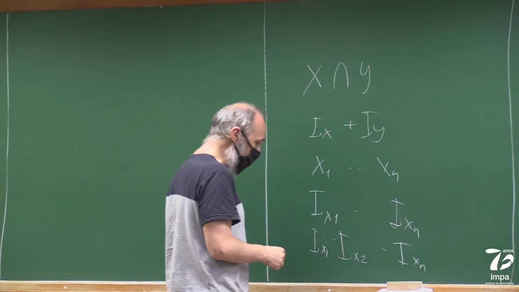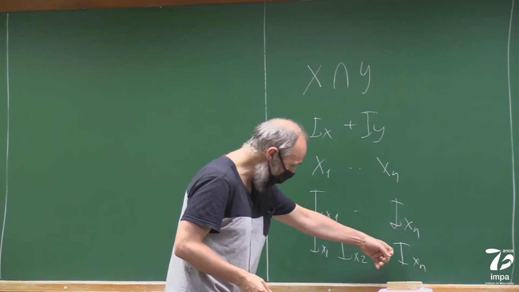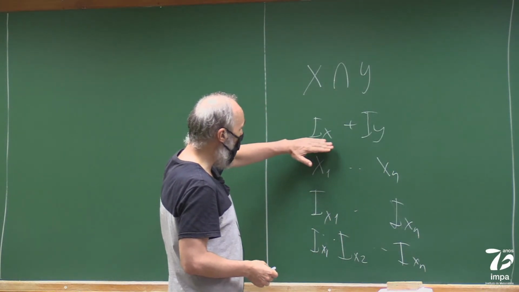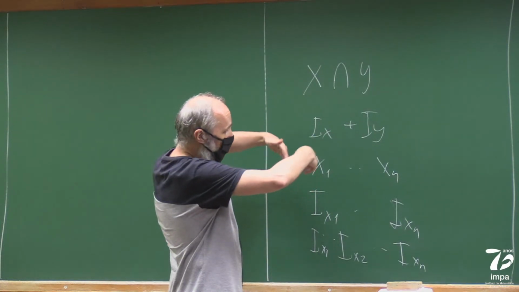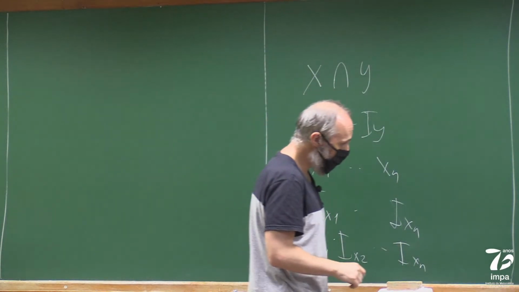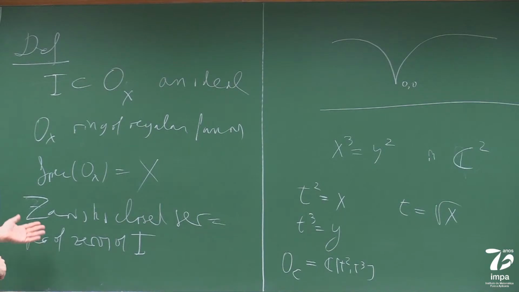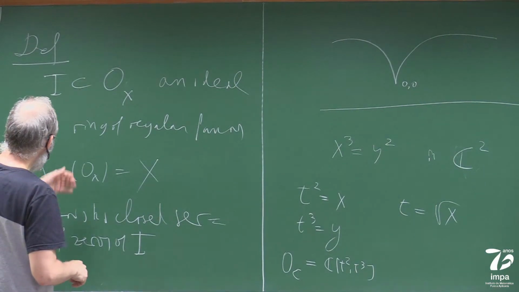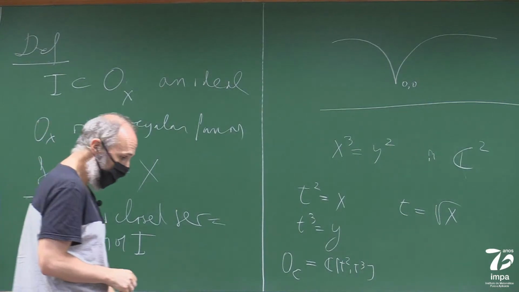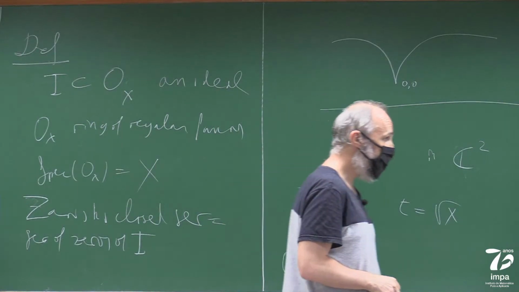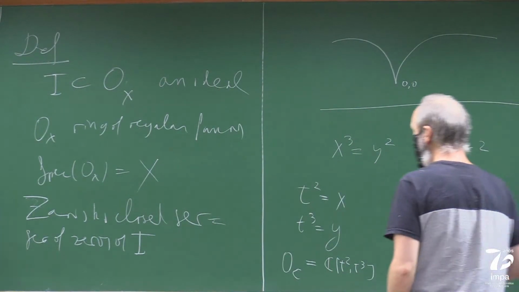In other words, you take functions which belong to the first, the second, and so on ideals, and you multiply them all, and you obtain functions which vanish on all these X. So the corresponding ideal will be the ideal of the union. So finite unions of algebraic sets and infinite intersections of algebraic sets are algebraic, and the Zariski closed sets are just algebraic sets of the algebraic variety, affine varieties. Okay, so example.